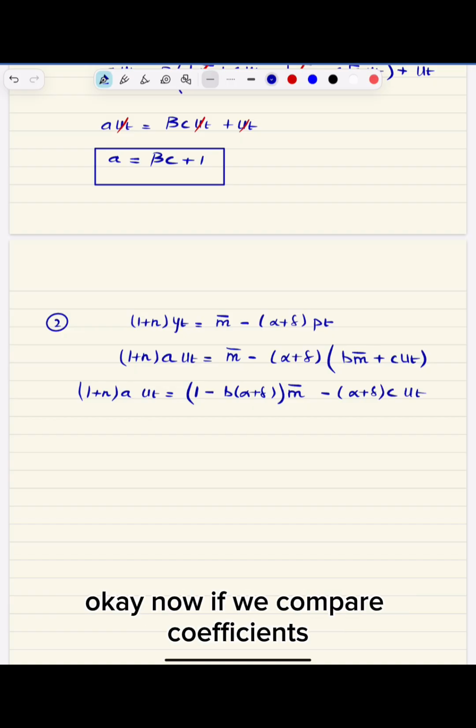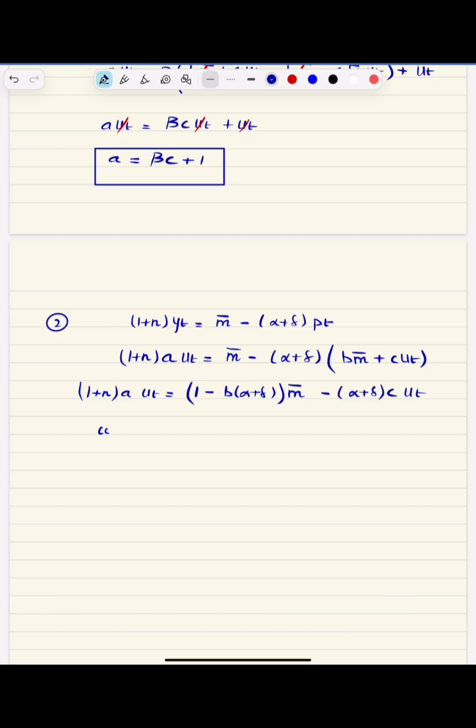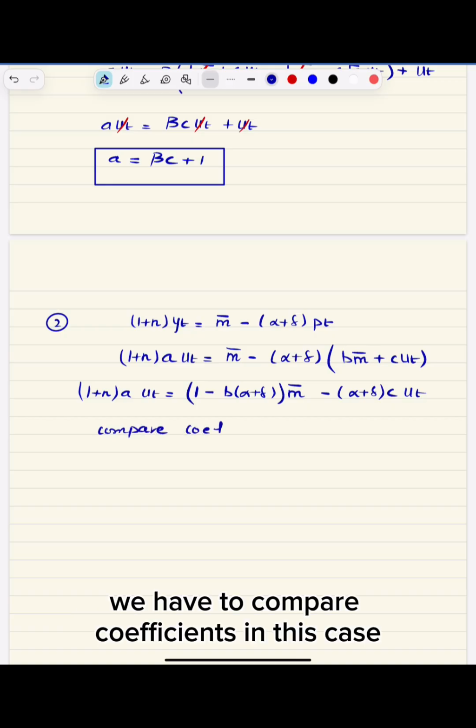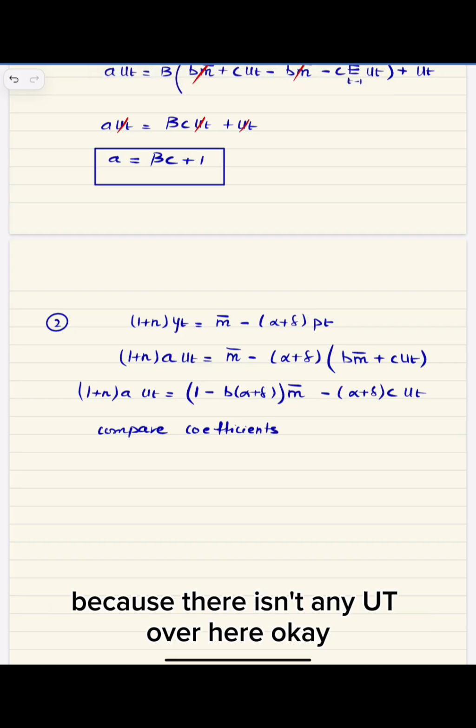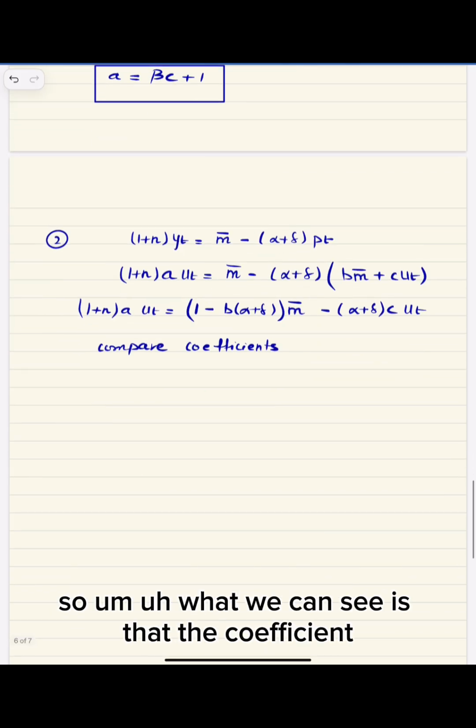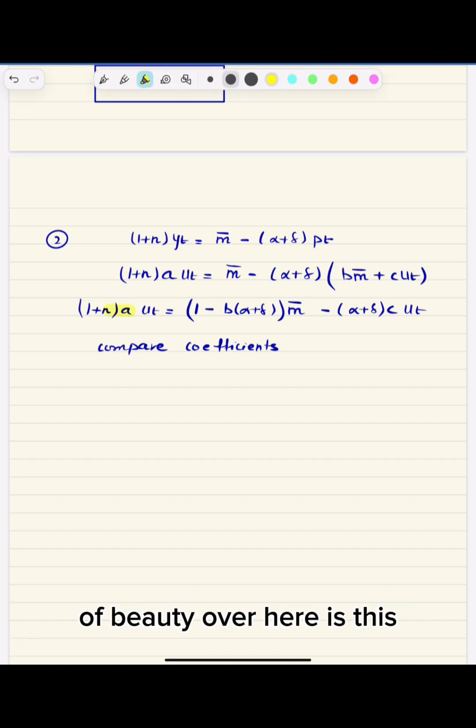Okay, now if we compare coefficients, we have to compare coefficients in this case because ut doesn't cancel out, because there isn't any ut over here. So what we can see is that the coefficient of ut over here is this, and over here it's this.